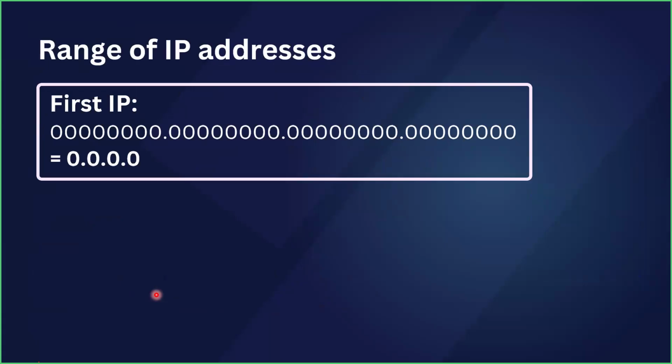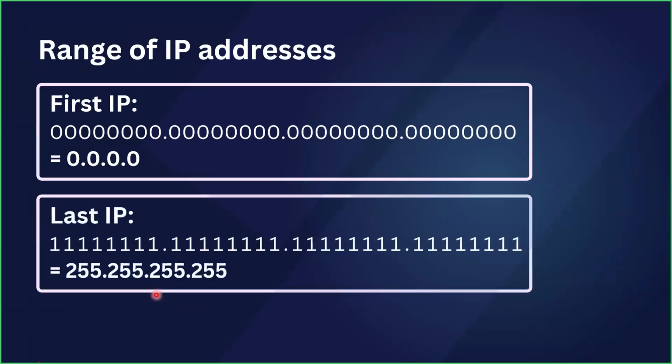And if I had to get the last IP, the logical way is to put all ones everywhere. When I put all ones, that's the maximum number I can obtain. So for all ones in an octet, I get 255. So the first IP is 0.0.0.0, and the last IP is 255.255.255.255.